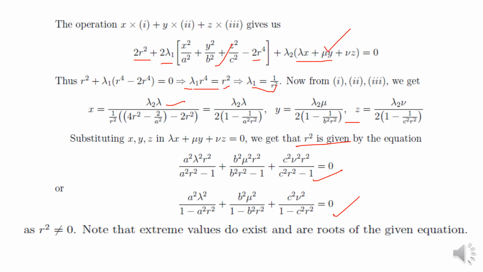Similarly for y and z we get the values, and r square is common, and lambda 2 is also common, so we divide by that and we get the equation a square lambda square upon 1 minus a square r square plus b square mu square upon 1 minus b square r square plus c square nu square upon 1 minus c square r square is equal to 0. So this equation gives the maximum and minimum values of r.